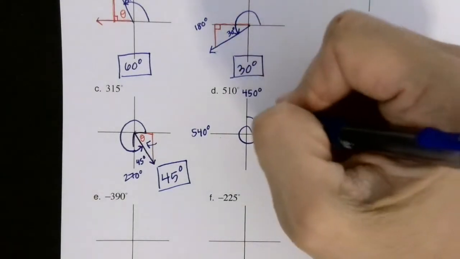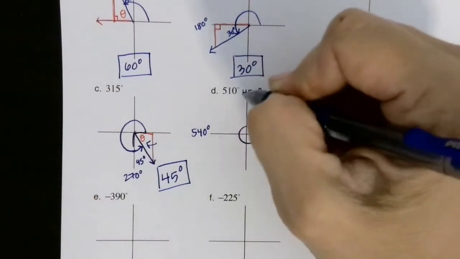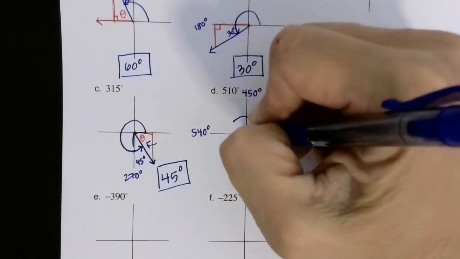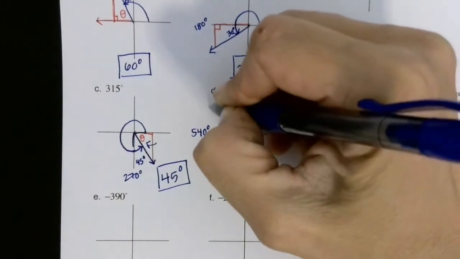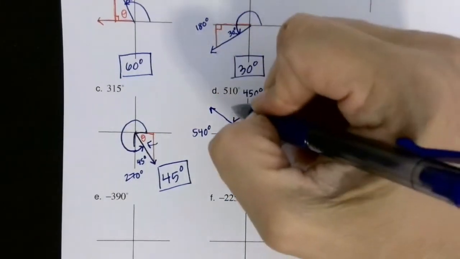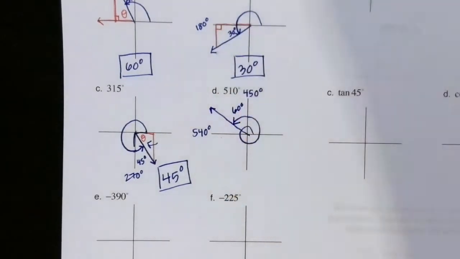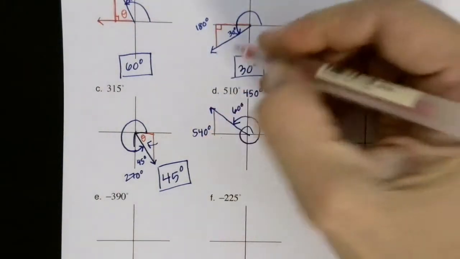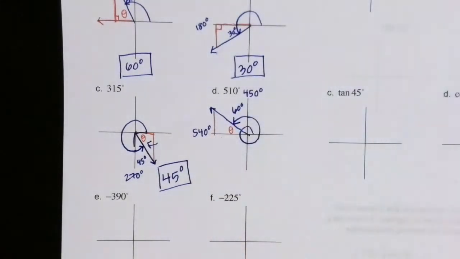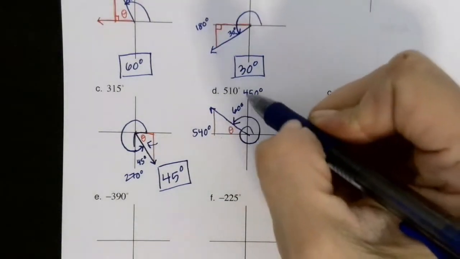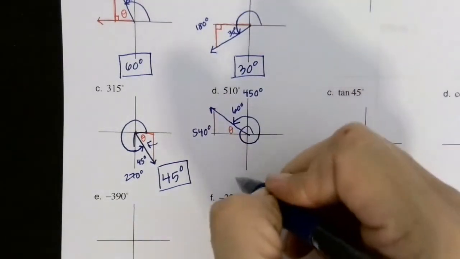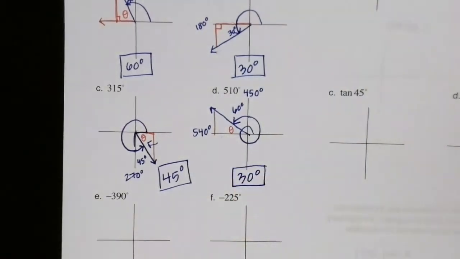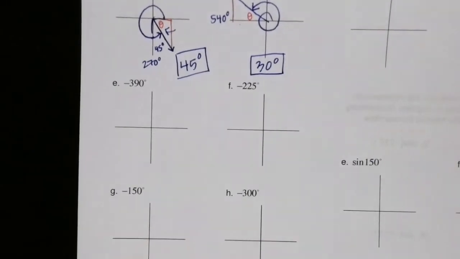So here's 450. I'm at 510. To get to 510, I have to go 60 more degrees. So this was 60 degrees past the 450. To figure out my reference angle, I connect it. It's that one right there. If I went 60 degrees past and the whole thing adds up to 90, that's got to be a 30-degree reference angle.